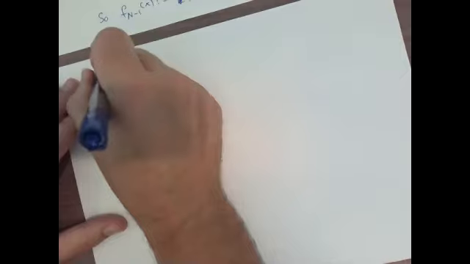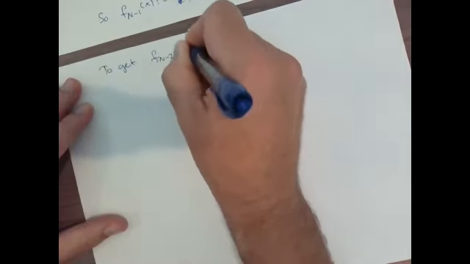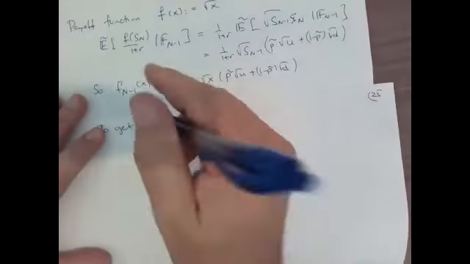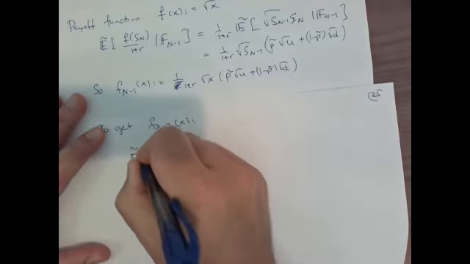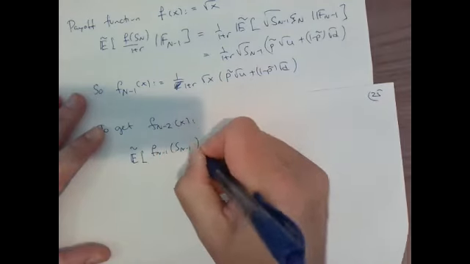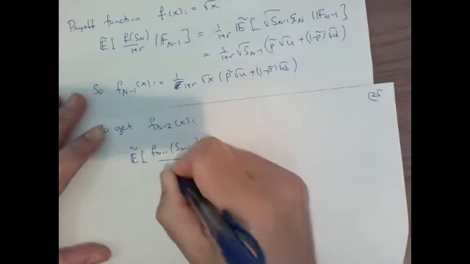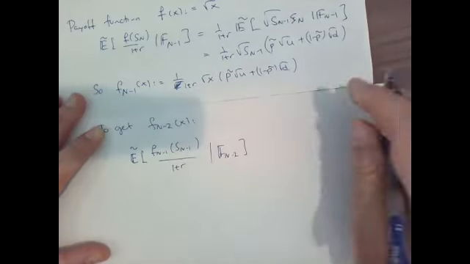To get fn minus 2 of x, you do the same calculation, but instead of f you'll use fn minus 1. So you're looking at E tilde of fn minus 1 of Sn minus 1 divided by 1 plus r, conditioned on Fn minus 2 this time.